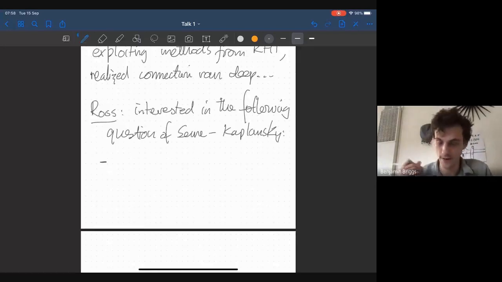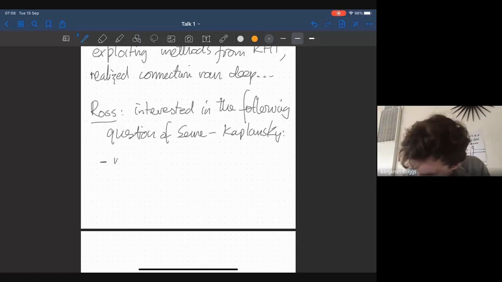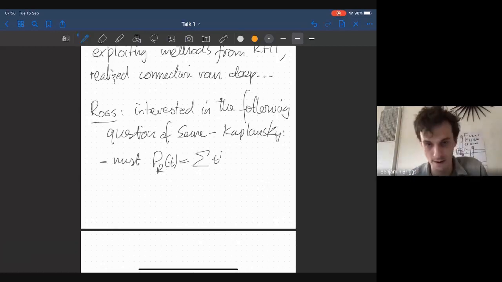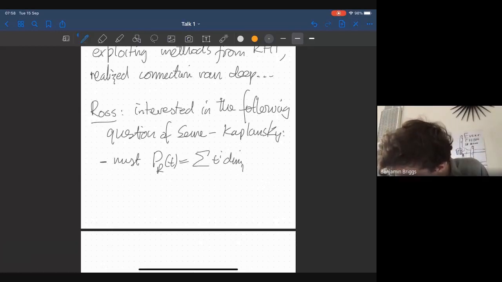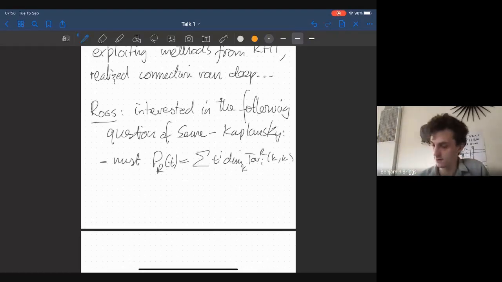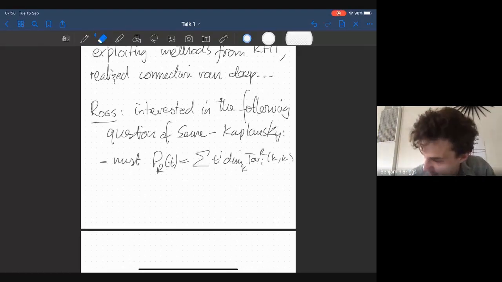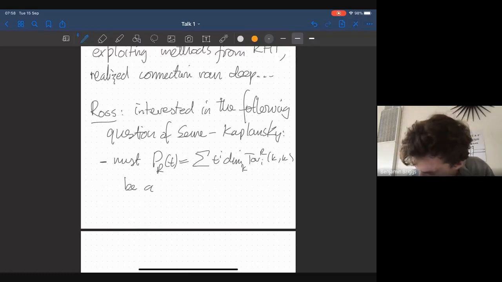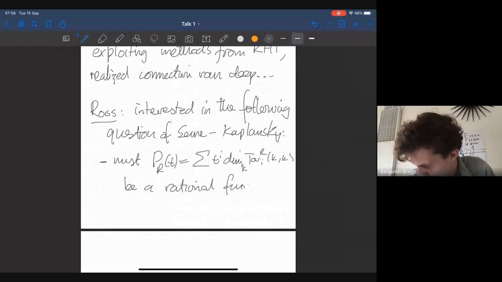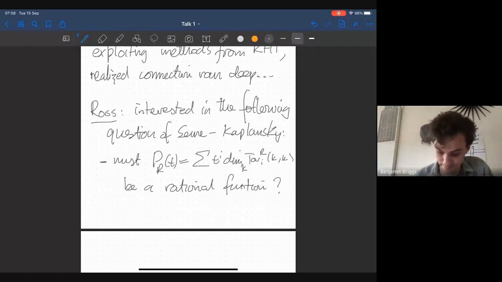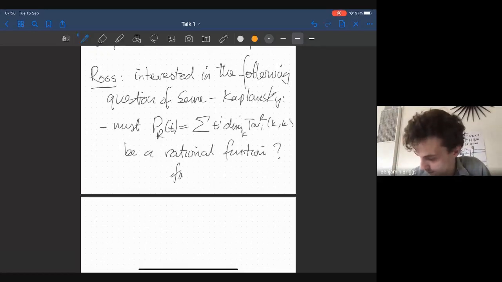In algebra, there was this question: must the Poincare series of a local ring, the sum over T^i times the ith Betti number, the dimension over K of Tor_i(K,K), be a rational function, like a quotient of two polynomials in T, for all local rings R with residue field K?